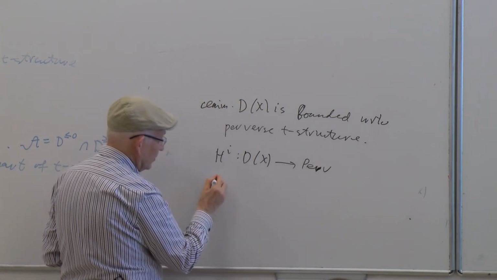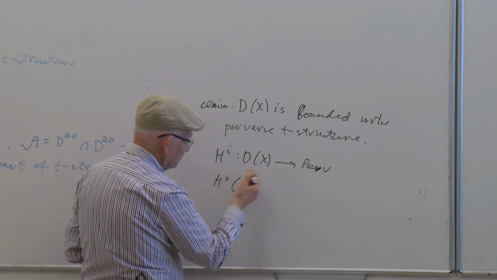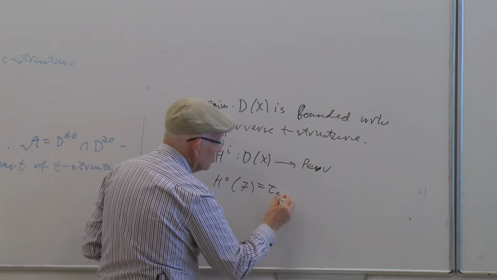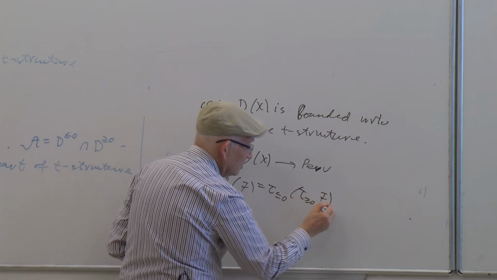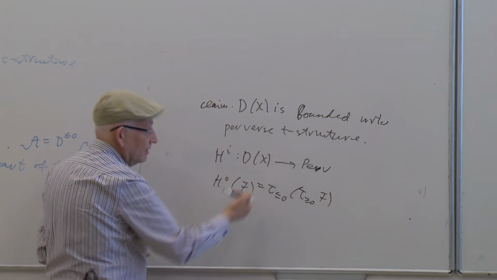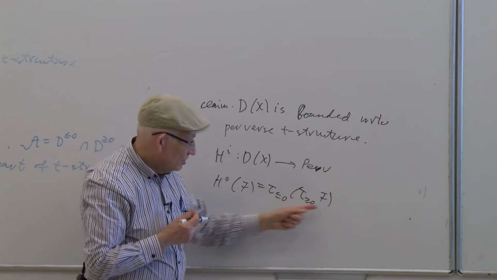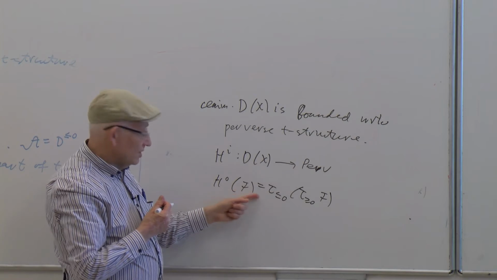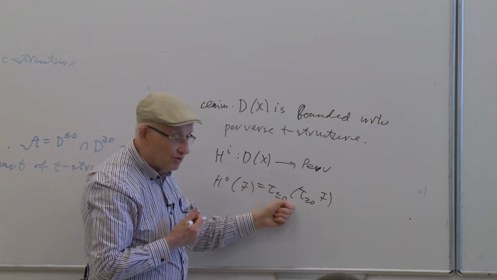So how do we define it? H^0 of f is equal to tau less or equal to 0 of tau more or equal to 0 of f. So if you have any f, you consider its truncation more or equal to 0, then truncation less or equal to 0, and you'll get something which will be perverse.